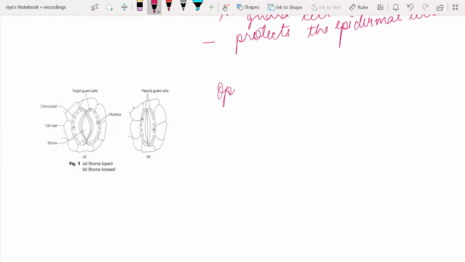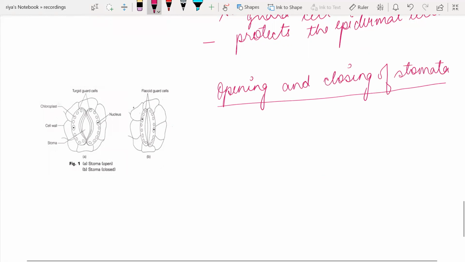So let's look at the topic of opening and closing of stomata. When the stomata opens, it means there is sufficient water in the plant body, or during daytime when the plant needs to do photosynthesis.